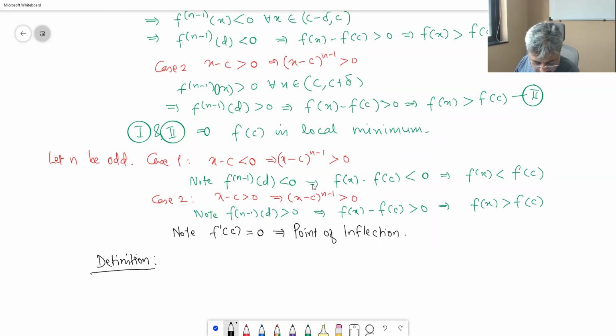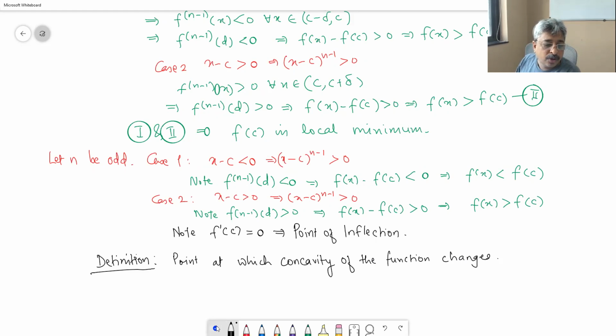Point of inflection is a point at which the concavity of the function changes.